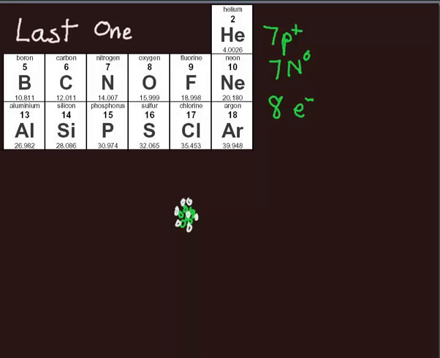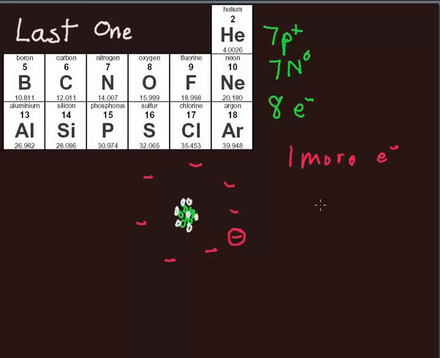And then we have 1, 2, 3, 4, 5, 6, 7 electrons, but instead of just 7, we have an extra electron. So it becomes more negative.